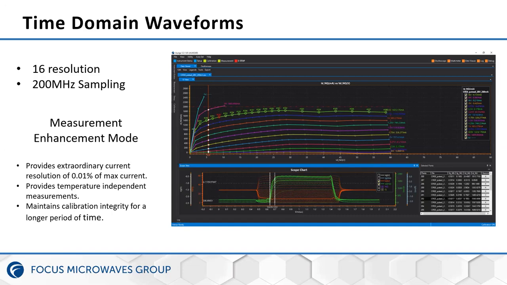In the end, because of this mode, we get a very high resolution of current, around 0.01 of the maximum current, and we get very stable measurements for a longer period of time.